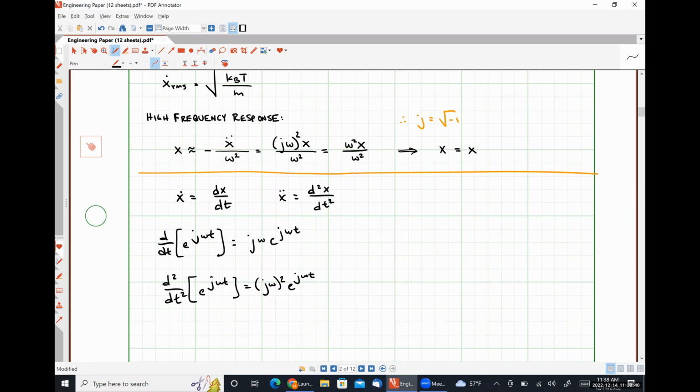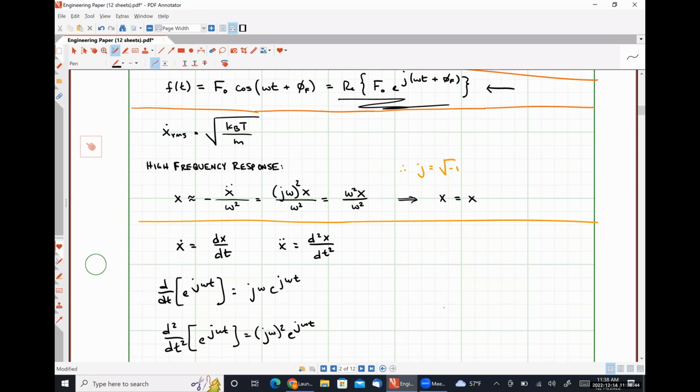So I am saying that the second derivative of X in the frequency domain is going to look like X multiplied by a factor of j omega quantity squared.